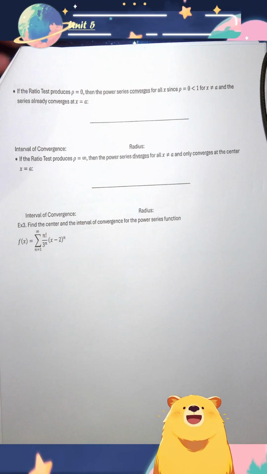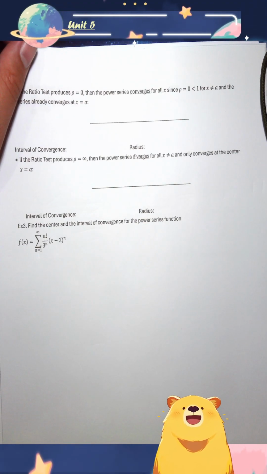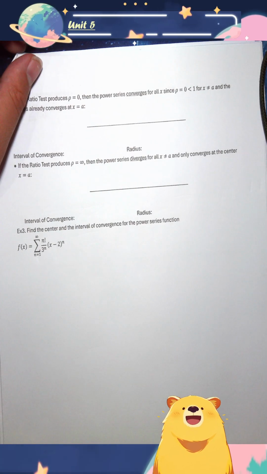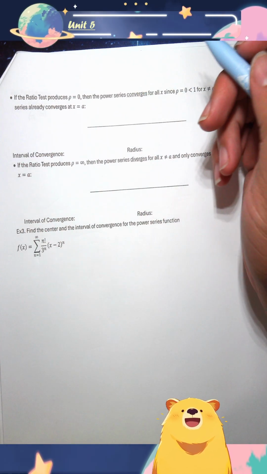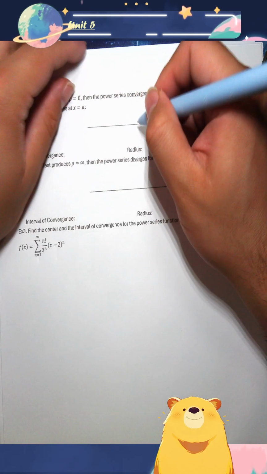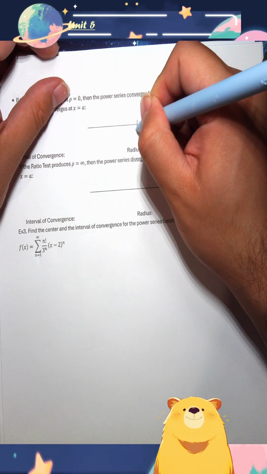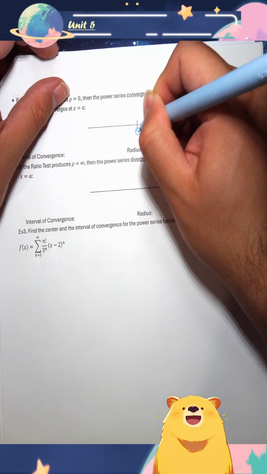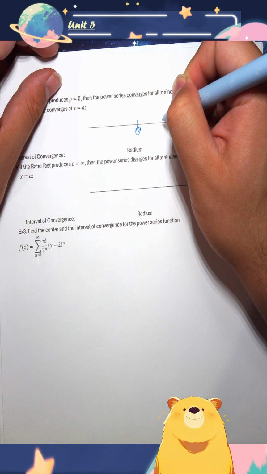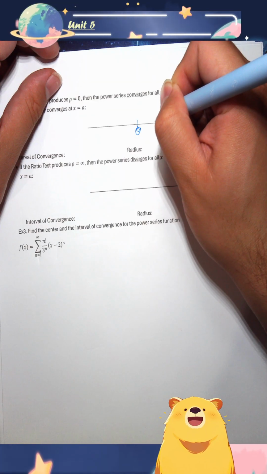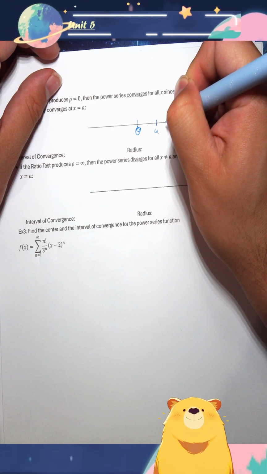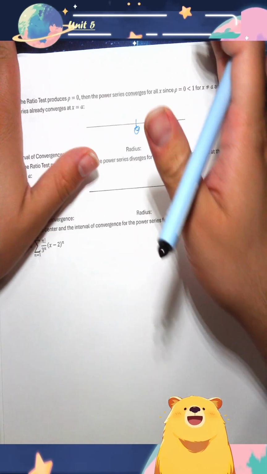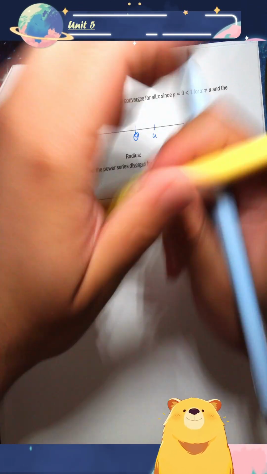It's not dependent on any x. So the series already converges at a. So that tells me that no matter what on this number line, I would mark the whole thing.